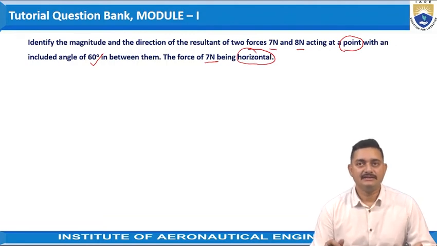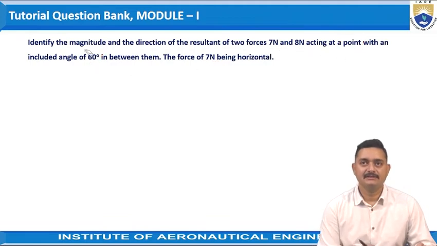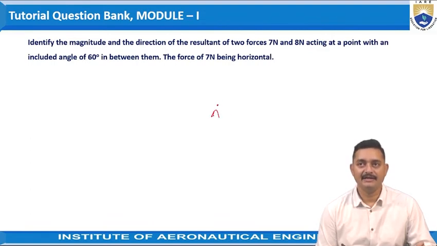So if we consider this problem and start to solve it, first we need to draw the figure for the given problem. As per the given problem, let us say the point is here, which is point A, and the 7 Newton force is horizontal and the other force, 8 Newton, is acting at the point itself, and the included angle given is 60 degrees.